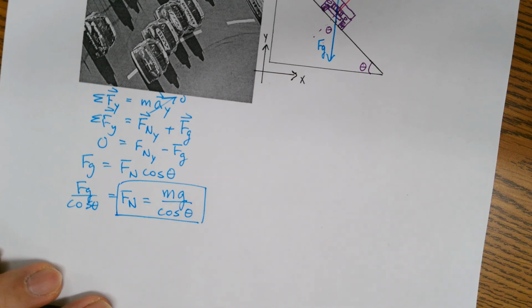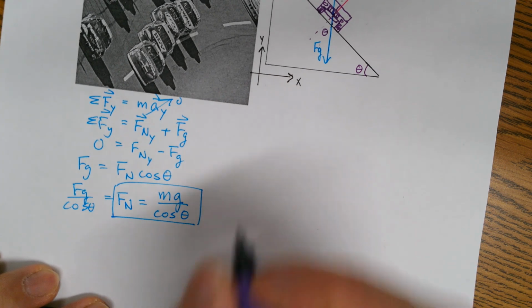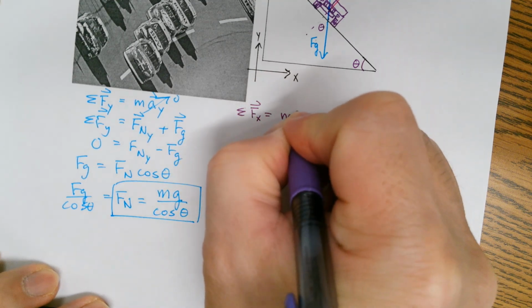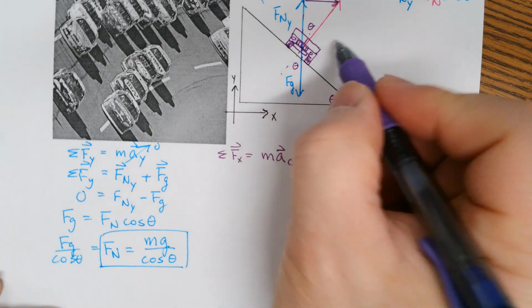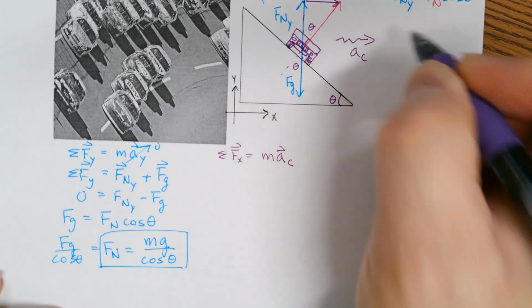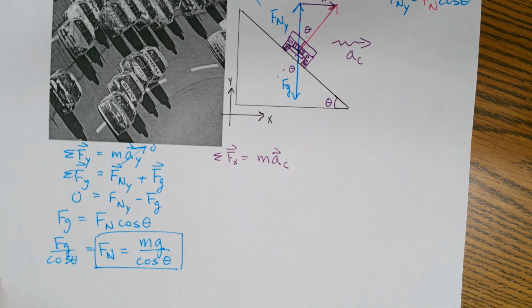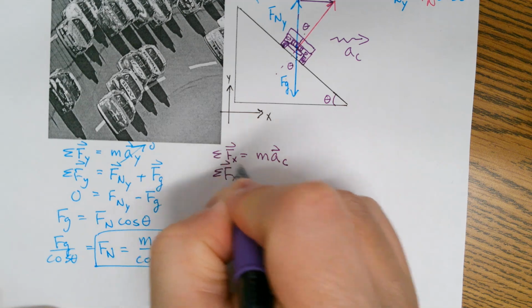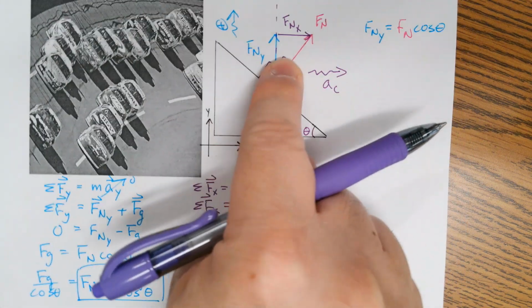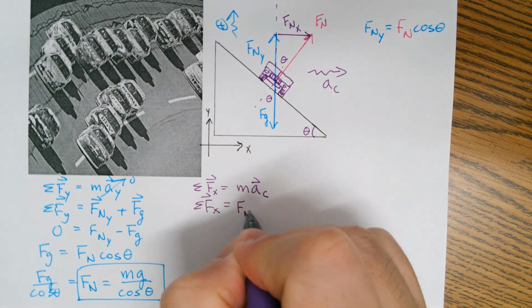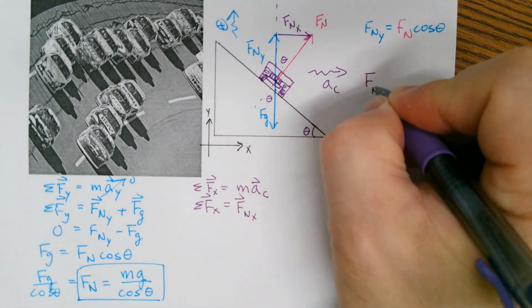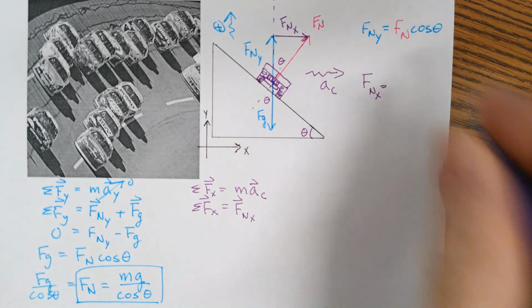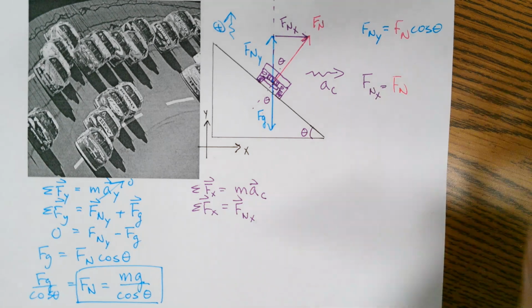Because if we take a look at the x direction, the sum of all forces in the x direction is equal to m a_c, because that's the direction of my a_c, since it's going in a circular motion. And in the x direction, there's only one force, and that is F_nx. F_nx is equal to the opposite component of my F_n, so it is F_n sine theta.